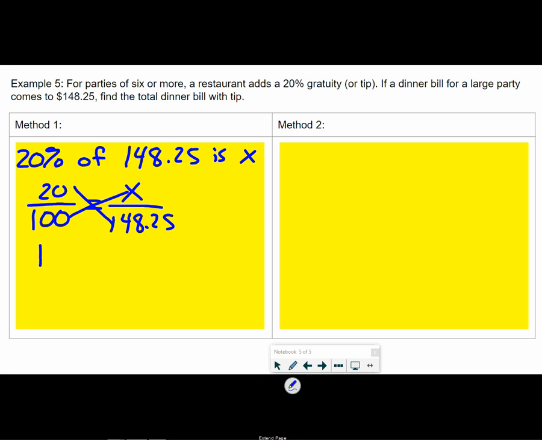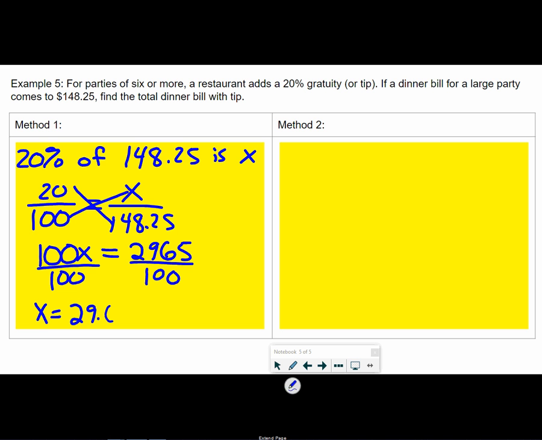Cross multiply, get 100X equals 2,965. Divide by 100. So my tip is going to be 29.65.